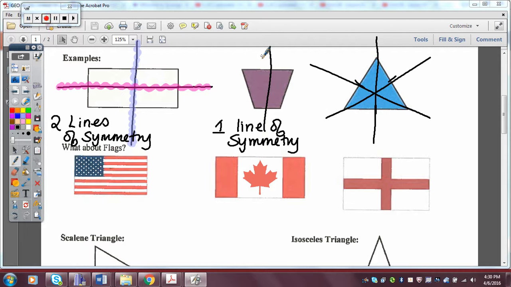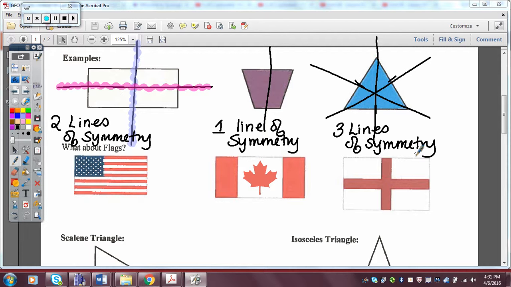So with an equilateral triangle, I have 3 lines of symmetry. And actually, with any regular polygon that you have, the number of sides is the number of lines of symmetry. That only works if your polygons are regular.